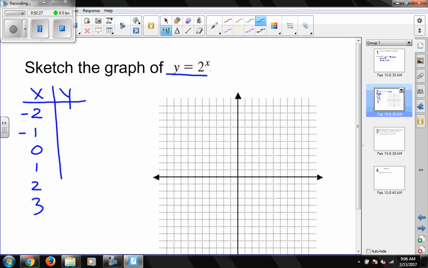So if we plug in -2, we get 2 to the -2, which is, if you guys remember from yesterday, 1 over 2 squared, or 1/4. So when x is -2, our y value is 1/4. We do this again with -1. We take 2 to the -1, and we get 1 over 2, or 1/2.